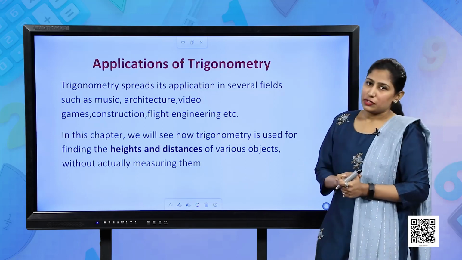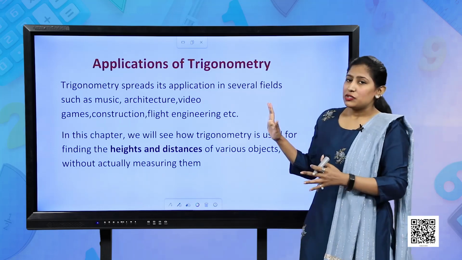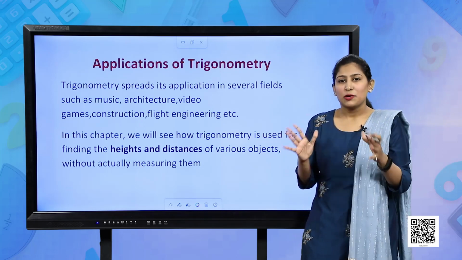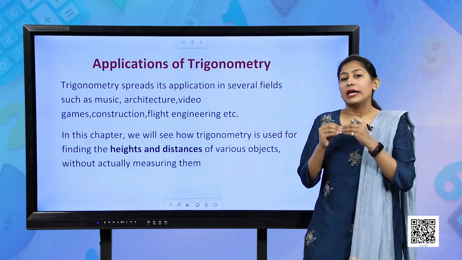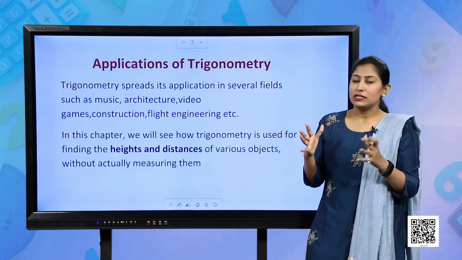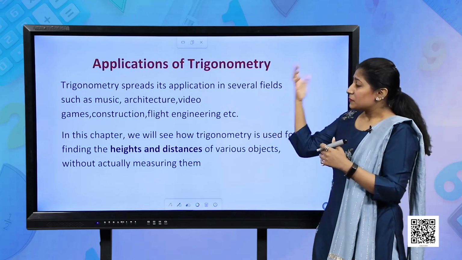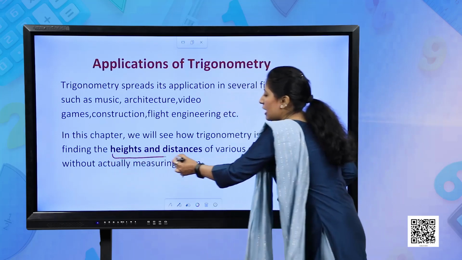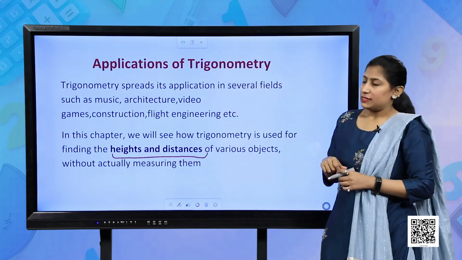Applications of trigonometry. See, trigonometry has its application in so many fields. The world is so big and trigonometry is in itself a very wide subject, but particularly in this chapter, we will be talking about heights and distances.